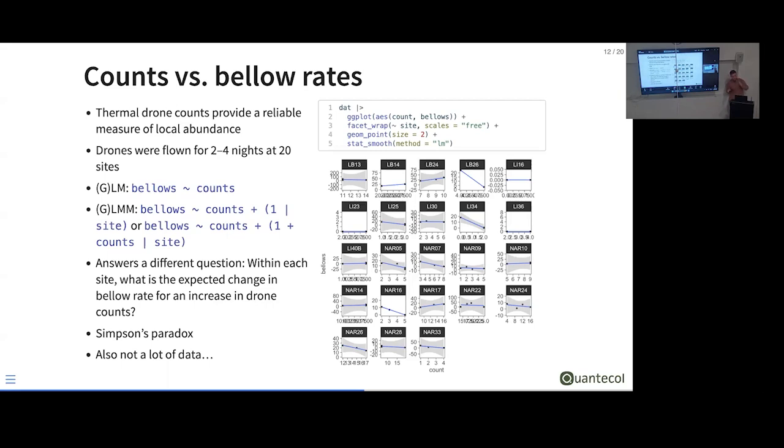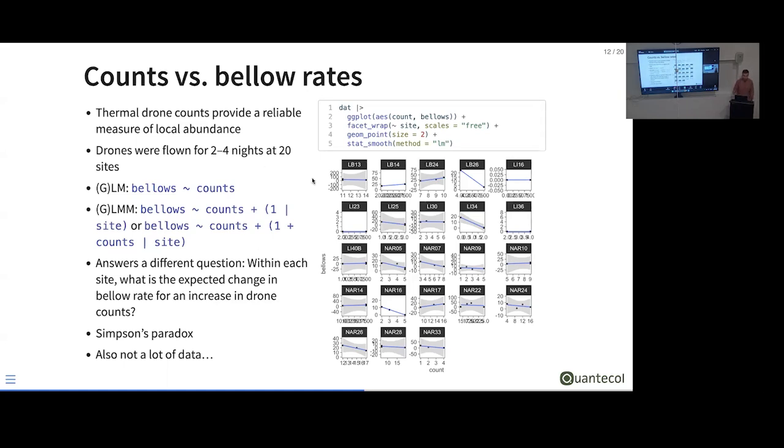So it's conceivable, for instance, that given a certain local abundance at a site, when you get more koalas, the call rate actually goes down, because they've already found each other, let's say. What if they're using vocalization to be like, hey, where are you, where are you? Suddenly they know where they are and they stop calling. So you might have, within a site, higher drone counts actually leading to fewer call rates. I made all of this stuff up, I don't know, but the model doesn't really capture what we're after.